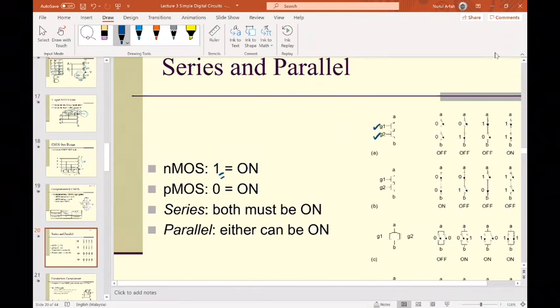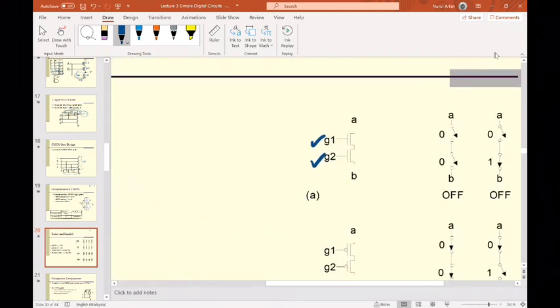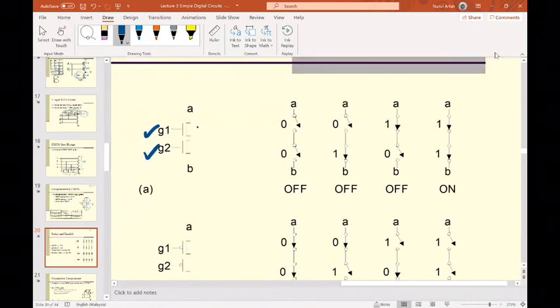If this NMOS is in series, okay, what happened? This one will be turned on and on. If you want to have current flow, then you need to make sure both are turned on. So this is a condition when both turn on, then the output will be supplied to 0.